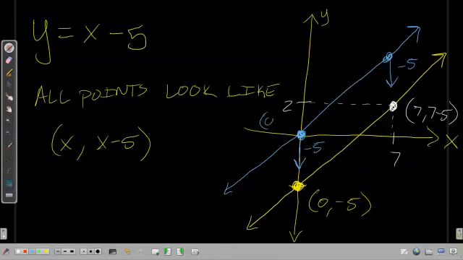Remember that the diagonal went through 0, 0 because the x and the y coordinates had to be the same. And if I scoot it down 5 units, then it would go through 0, -5. Because I'm moving it downward. That's in the y direction. And I'm moving it down, so I'm taking away.